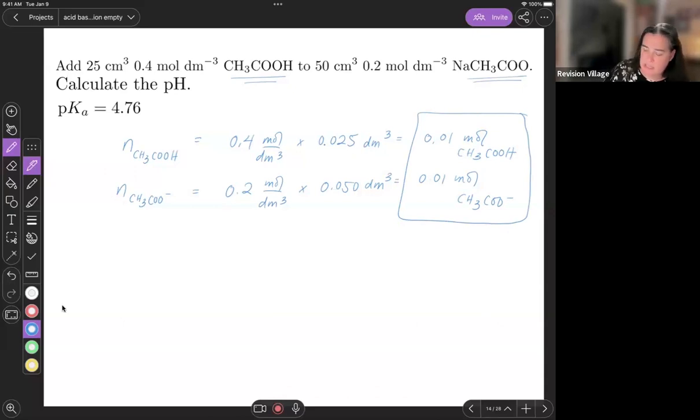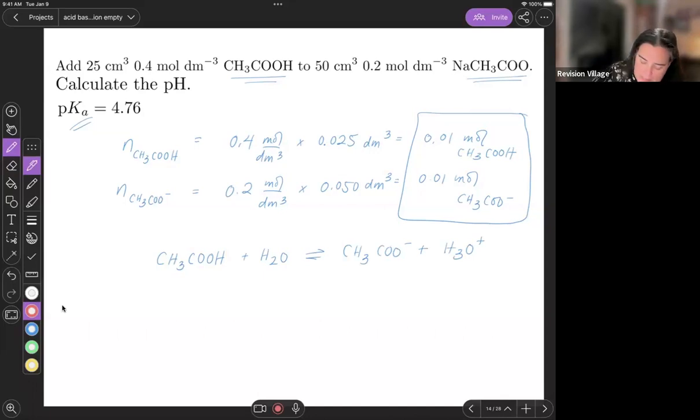Let's move on to the next thing and think about what is the chemical equation that we're describing. The chemical equation that we're describing, since we're given the Ka, is going to be ethanoic acid reacting with water to make conjugate base and hydronium. The way we've set up this solution, we've actually added a little bit of reactant and a little bit of product.